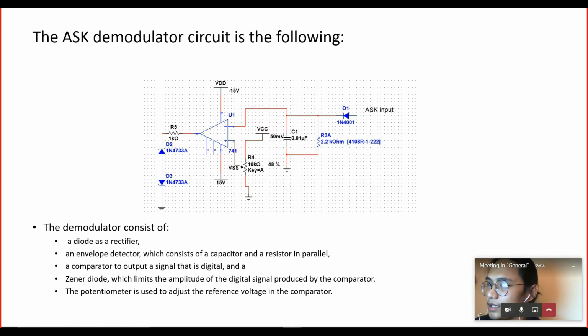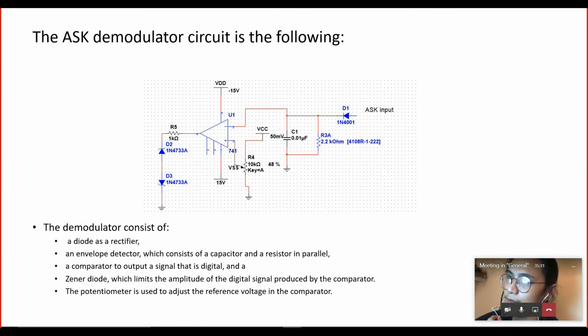The ASK input will be rectified by this diode, and then it will be detected by this envelope detector, which consists of a capacitor and a resistor in parallel. Then the output of that envelope detector is connected to the comparator, which compares it to a reference voltage.